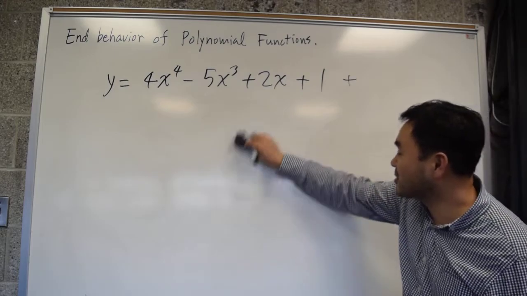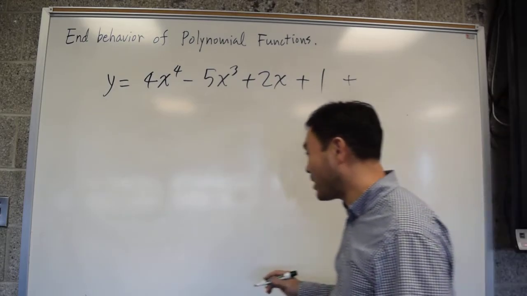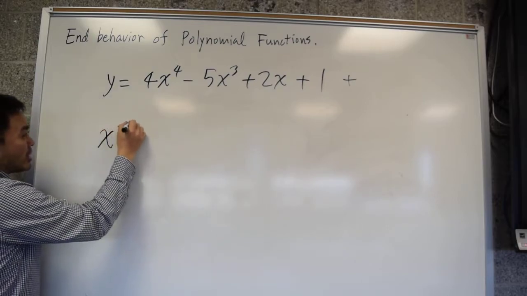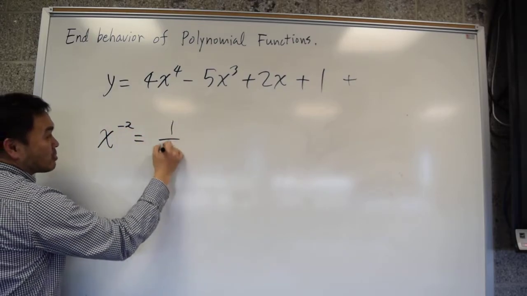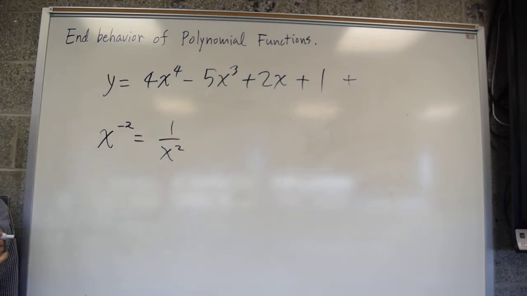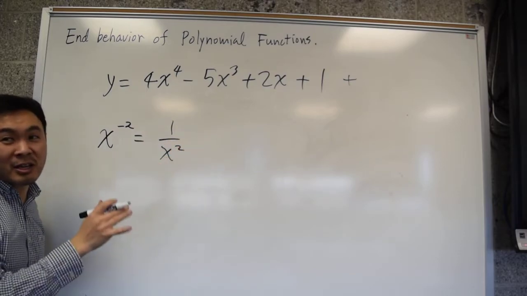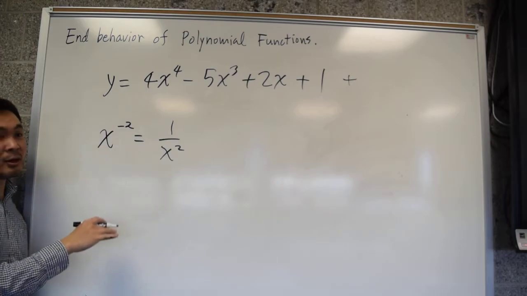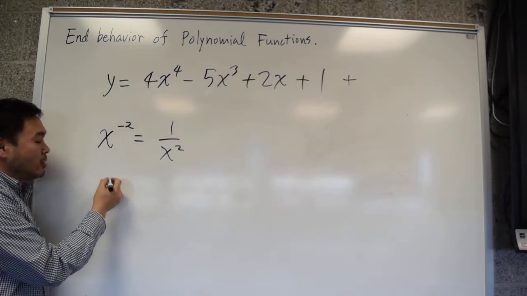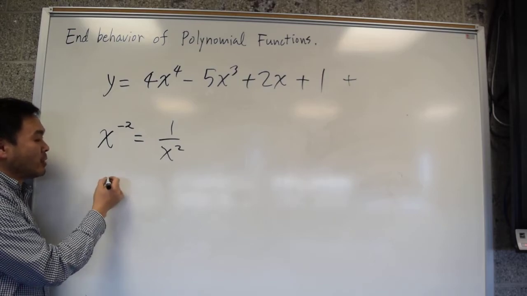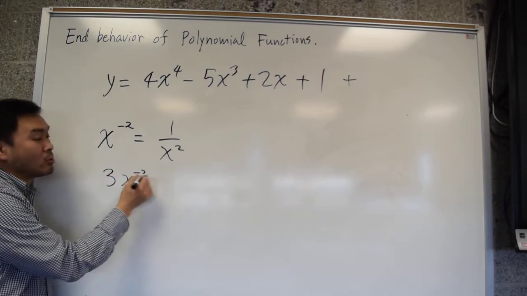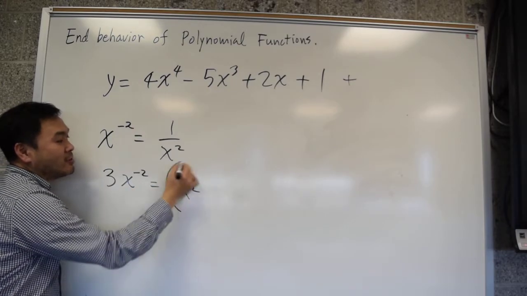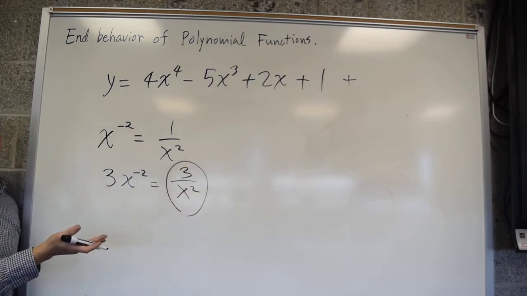So I just realized I'm getting ahead of myself. Does everyone know that x to the negative 2 is the same as 1 over x squared? Okay, yeah. It's something that you learned in algebra too, but some of you might have forgotten, so I'm just saying it. So see, if you have something like 3 times x to the negative 2, which is 3 over x squared, this is actually another example of a power function.